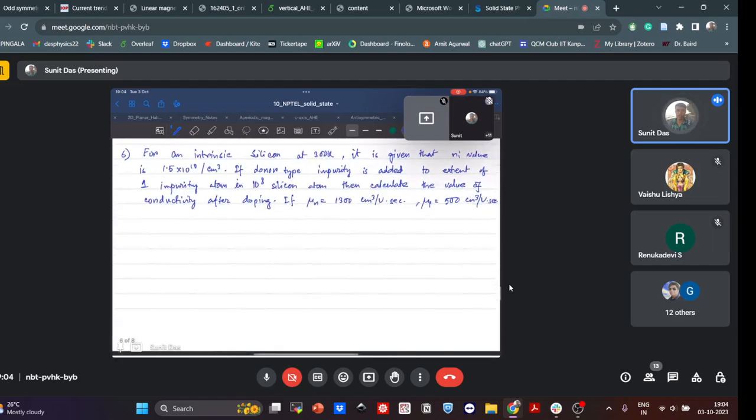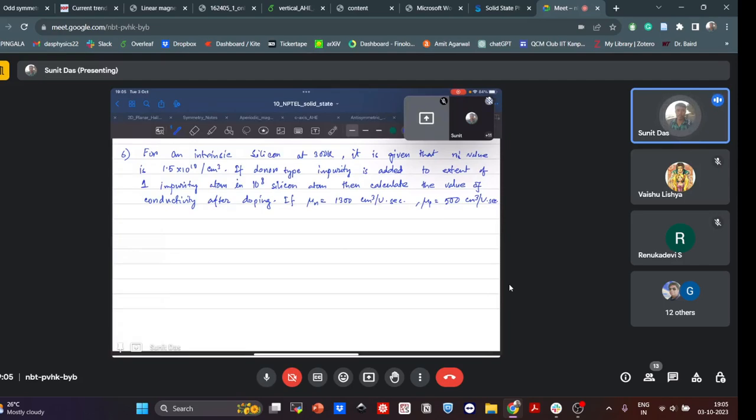So for an intrinsic silicon at 300 Kelvin, it is given that the Ni value, meaning the intrinsic carrier concentration, is 1.5 into 10 to the power 10 per centimeter cube. Now we add a donor, and it is given that one impurity atom is added per 10 to the power 8 silicon atoms.